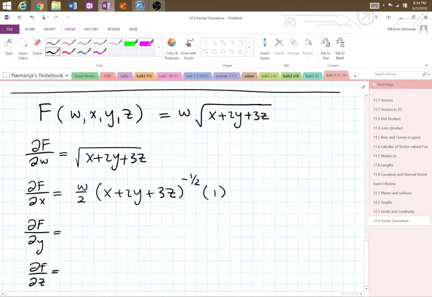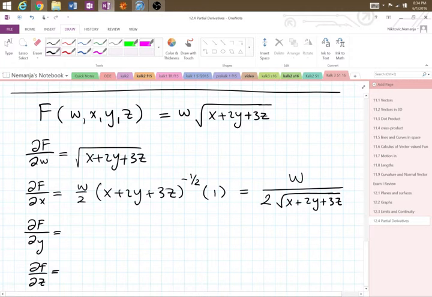That's the chain rule. So the answer over here is w over 2 square roots of x plus 2y plus 3z. So not 0. The derivative of the square root is a 1/2, the exponent drops down, so it's 1/2.